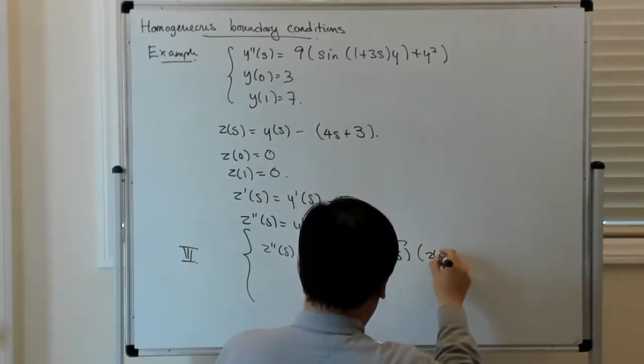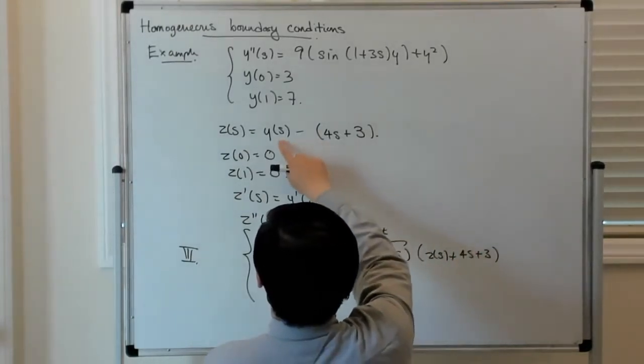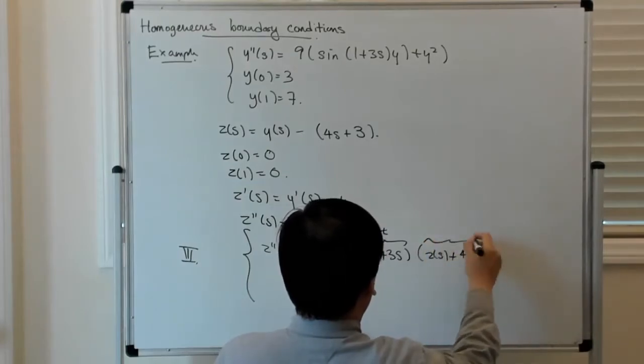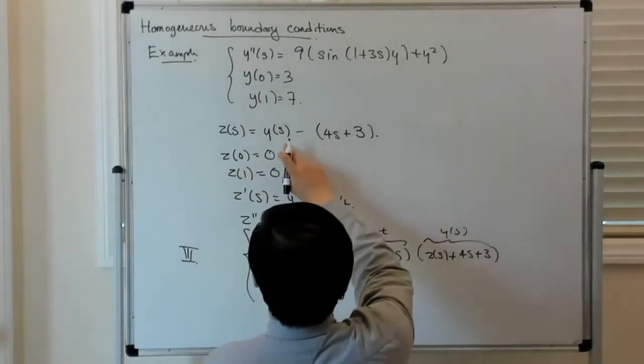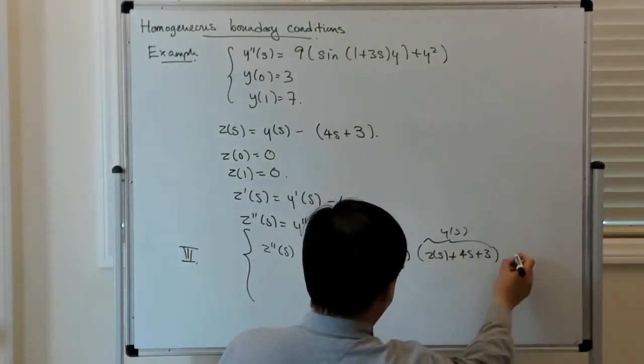And then I have z of s plus 4s plus 3. So this is supposed to be y of s. Y of s is written as z of s plus this term here, which is what I've done here.